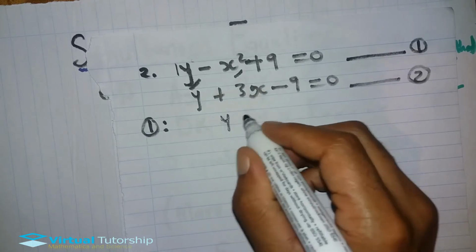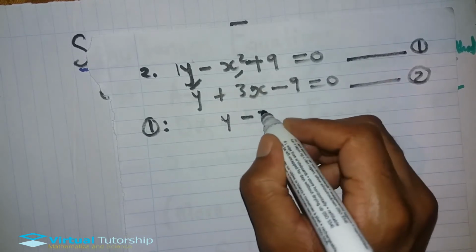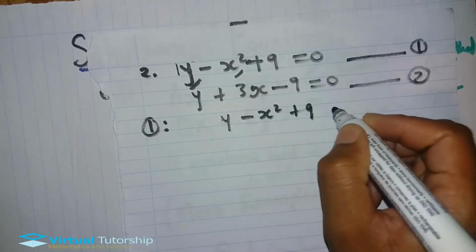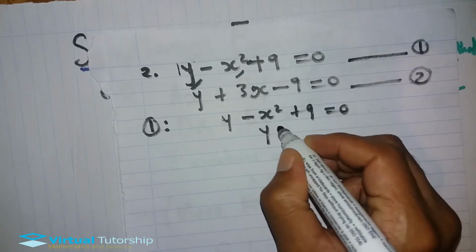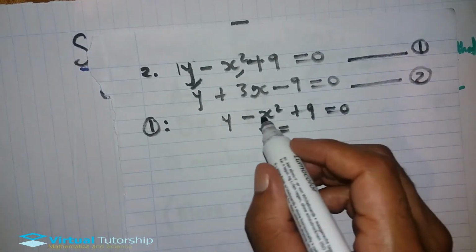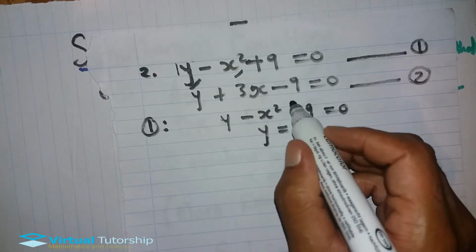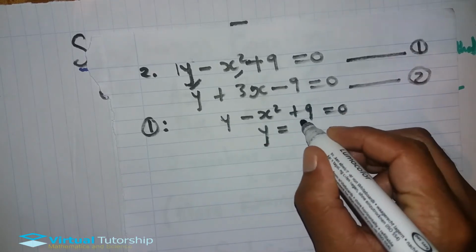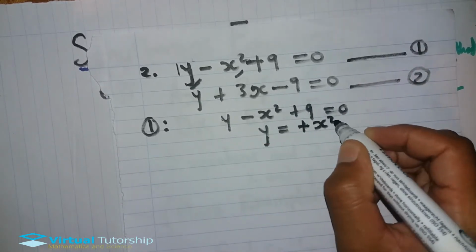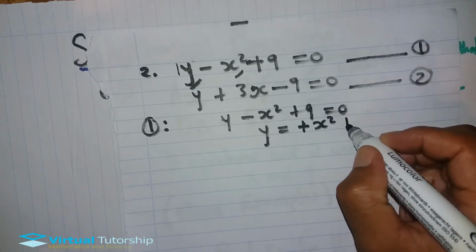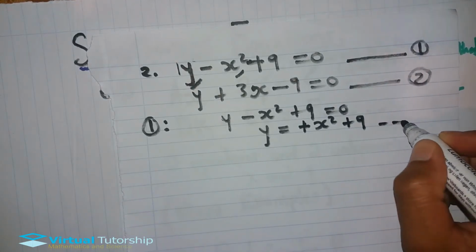So equation 1, I write it as it is, and we're solving for y. I'm making y the subject of the formula and moving everything else to the right hand side. You will have positive x squared plus 9.